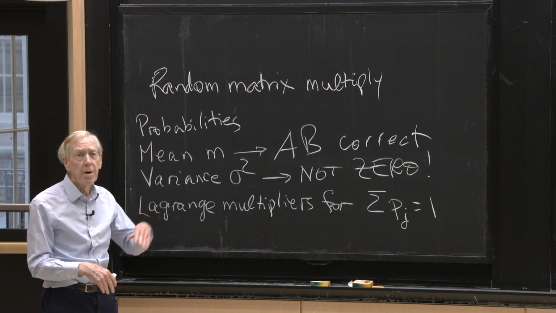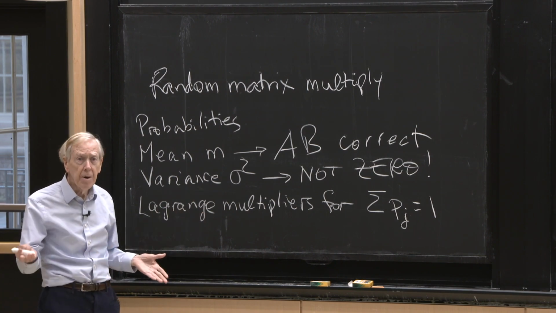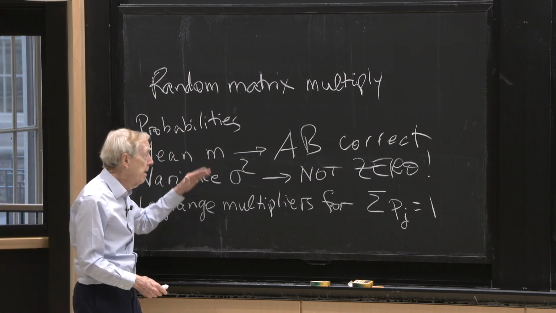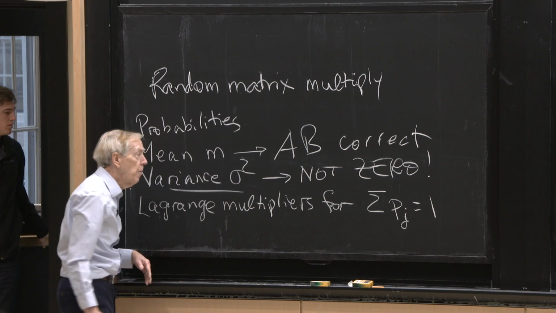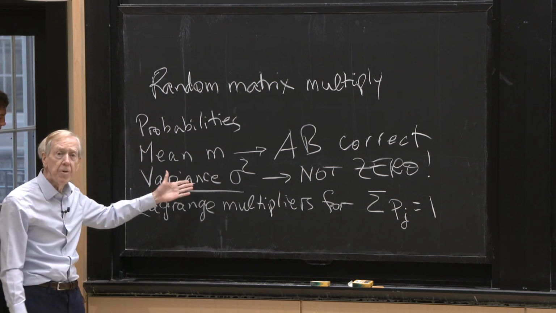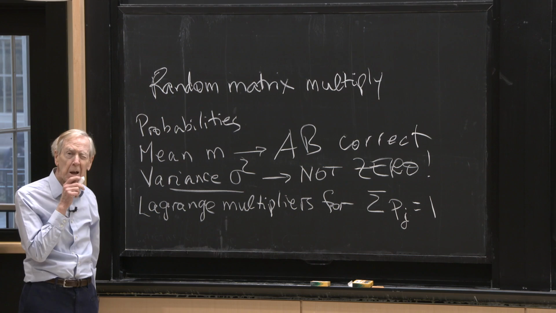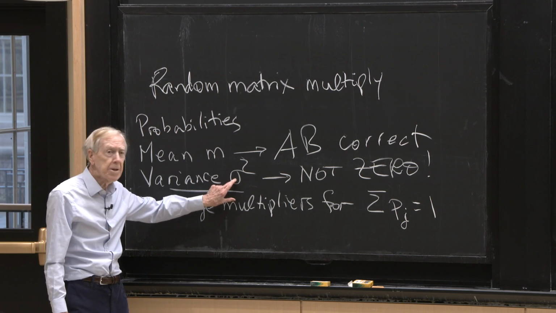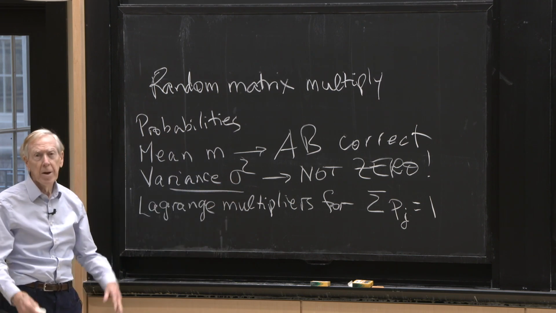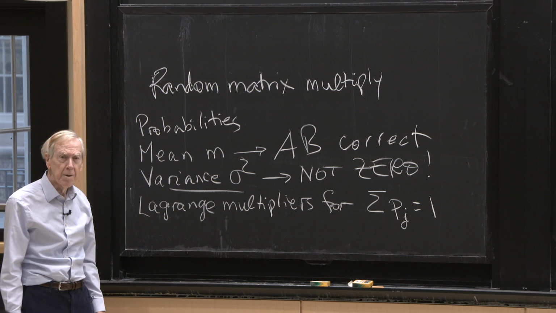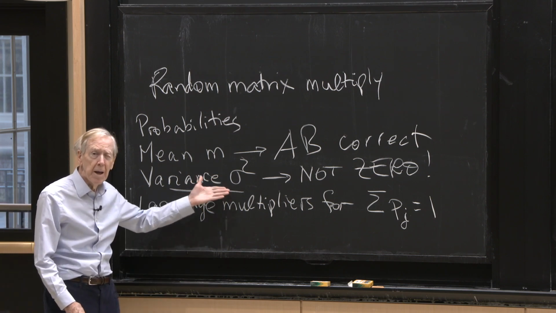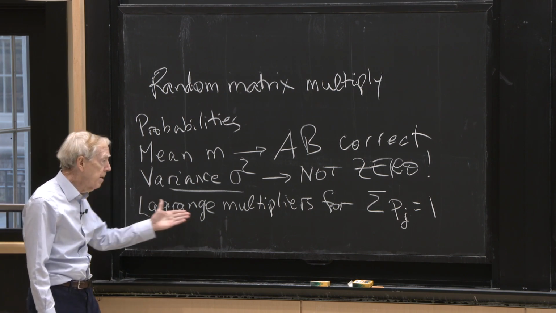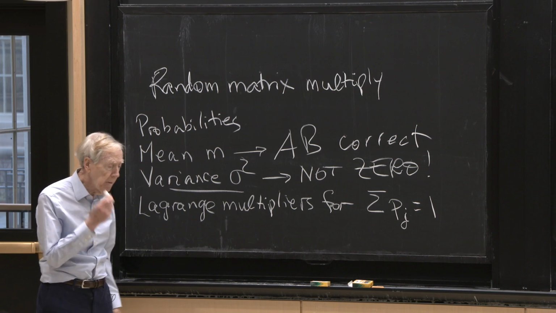The average of, like, minus 100 and 100 might be a correct answer 0, but you're way off. And variance measures how far you are. I don't know if you know these words. It's unfortunate, but I guess 18.065 can't change it now, that the variance is written sigma squared. And we already have a good use for the Greek letter sigma, but today it has a different use for variance. And Lagrange multipliers will come in near the end.